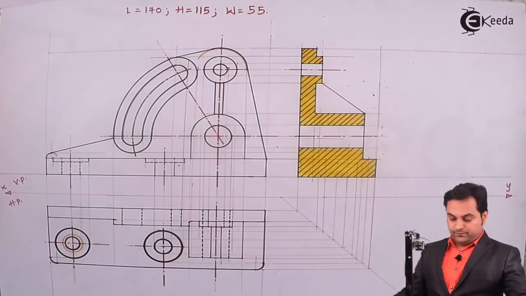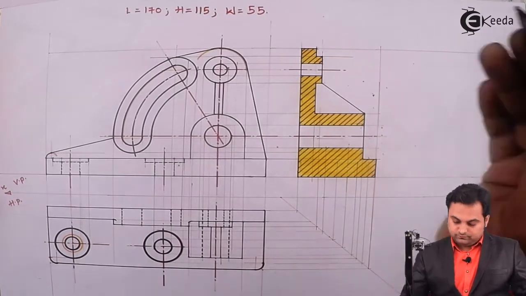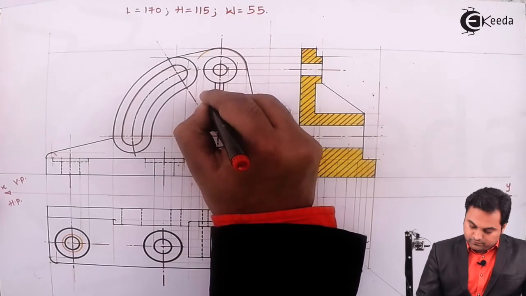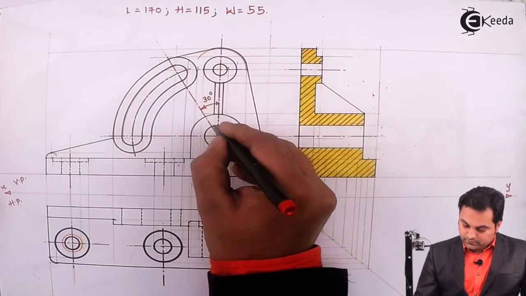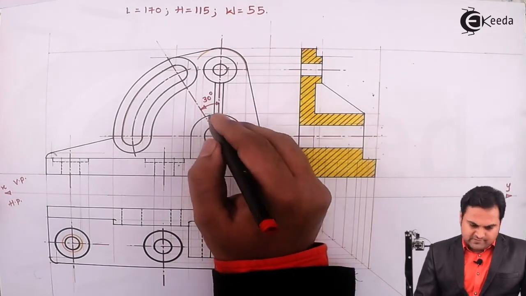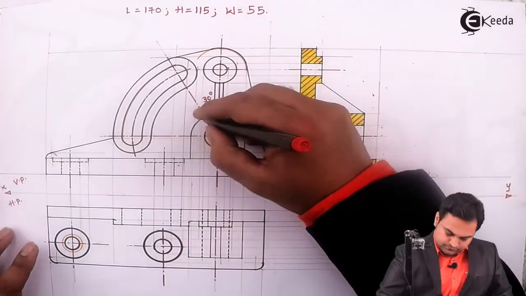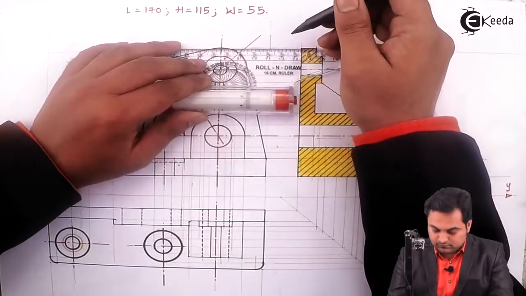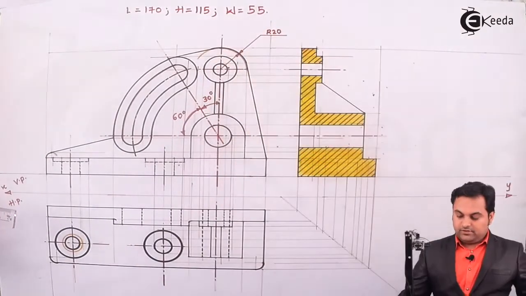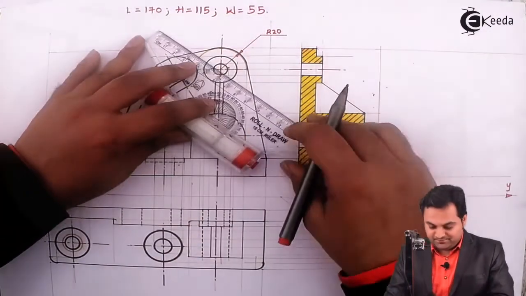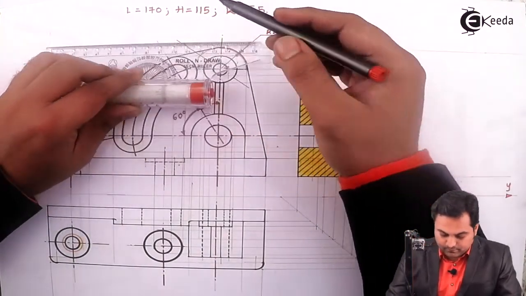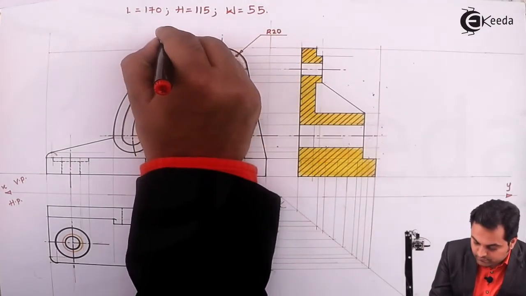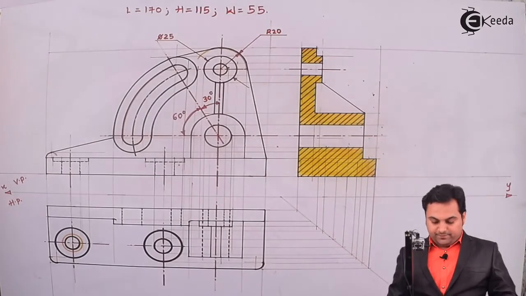So starting with the front view, this angle was 30 degree, and then the angle here, it was 60 degree. Here the outer radius is 20 mm. This diameter 25 mm.